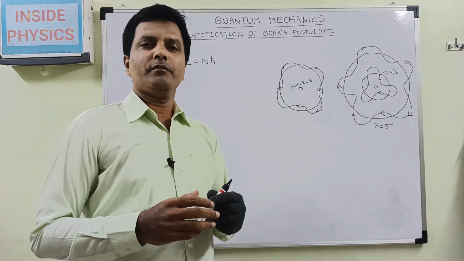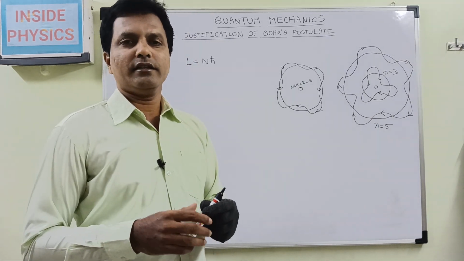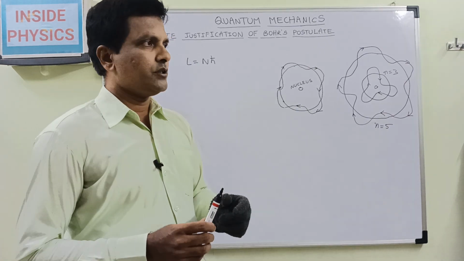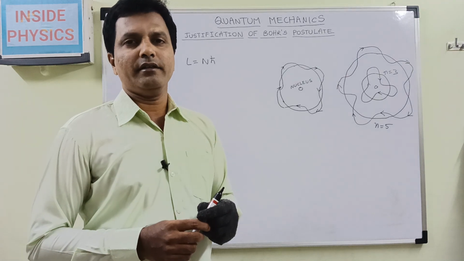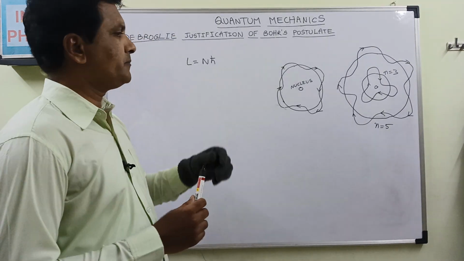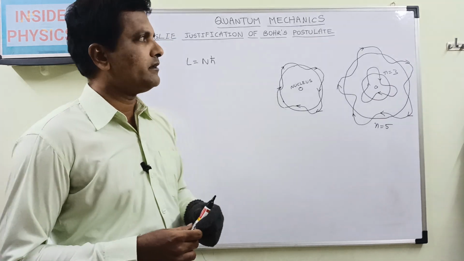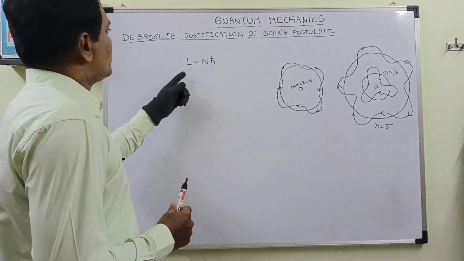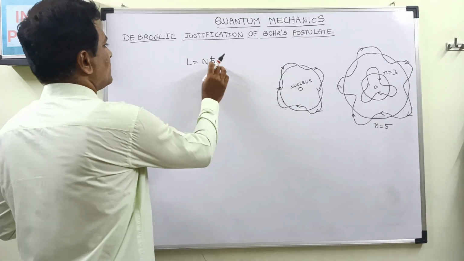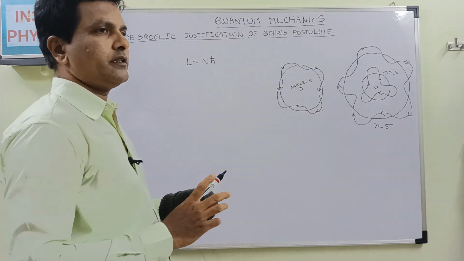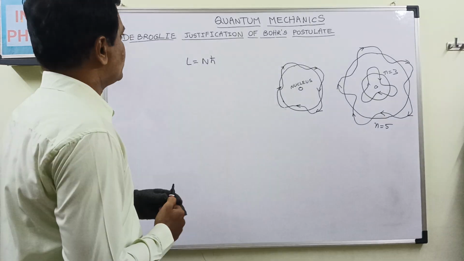To prevent energy from radiating away and the destruction of the electron, it revolves in the orbit in this orbital manner. So this Bohr postulate came directly from the de Broglie hypothesis.